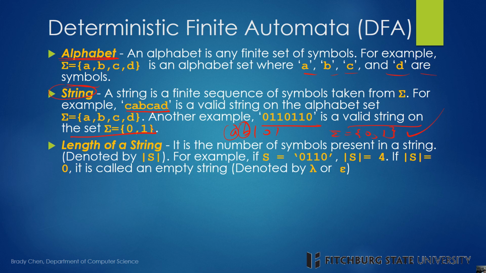Now the length of a string we also define as the number of symbols in the string. So in this case, S is 0110 and the length of the string is 4. Now if the length is 0, it is called the empty string. We use either lambda or epsilon to represent the empty string.